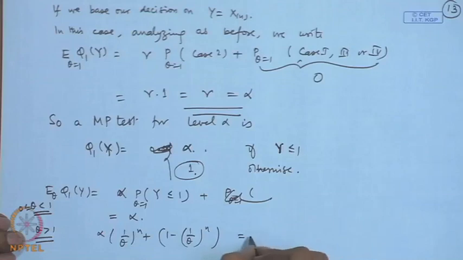So, you can simplify this value here. So, what we are able to do is to provide an exact test for testing parameters in the uniform distribution.